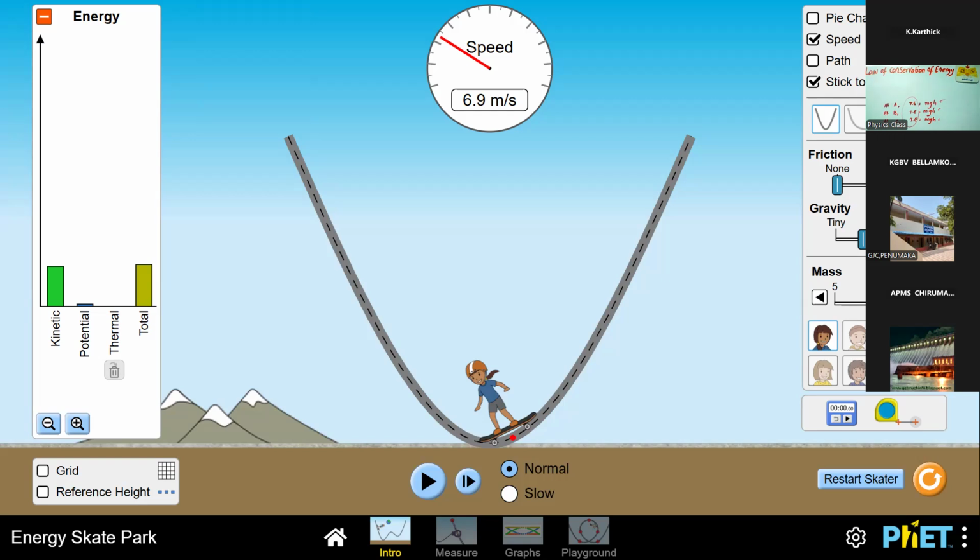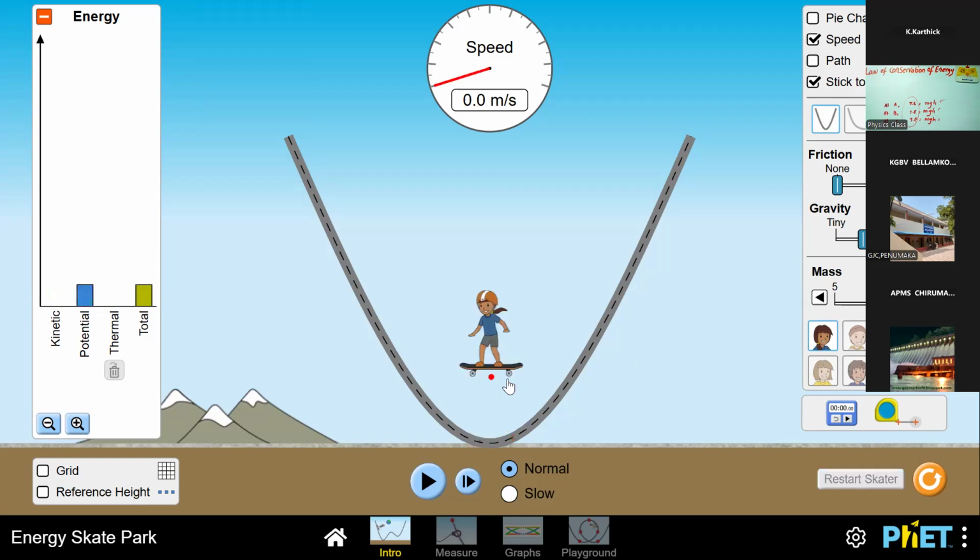We can later add friction. Right. So this energy graph is most important because it relates the kinetic and the potential energy, as well as thermal energy, to the total amount of energy. Thermal energy is nothing but heat energy.